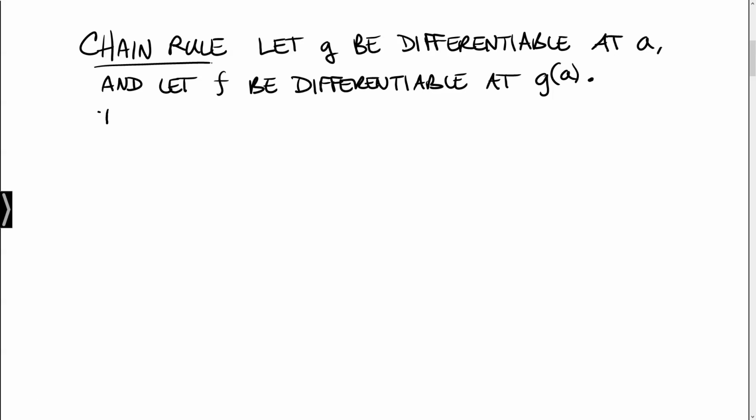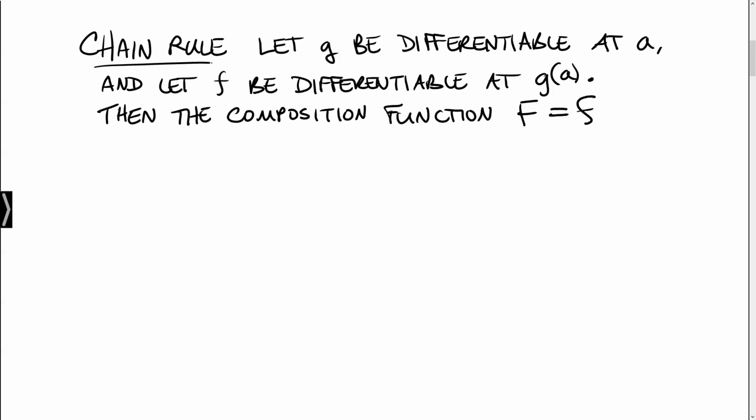Then what the chain rule says is it says that the composition function, the composite function, which I'll call, let's say, big F, which is little f composed with g, is itself differentiable at a.